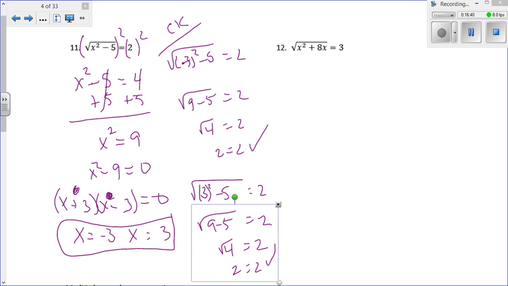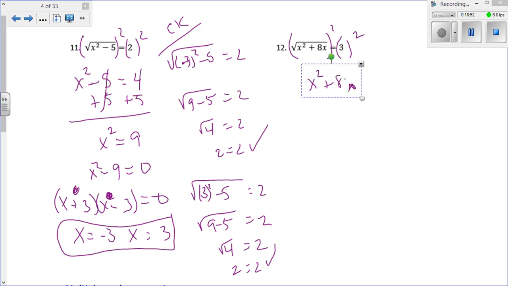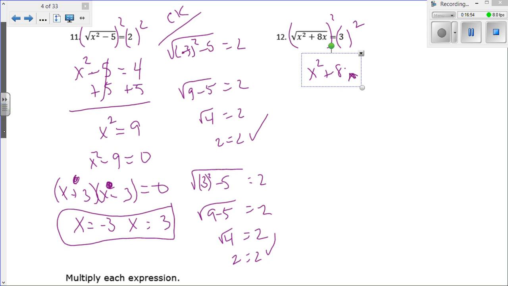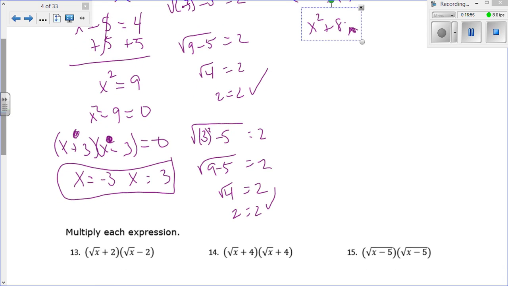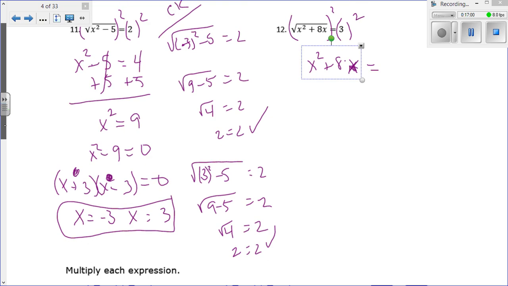Number 12 is very similar. Square both sides. Oh, sorry. Just doesn't like to write on that one spot on my screen. Equals 9.